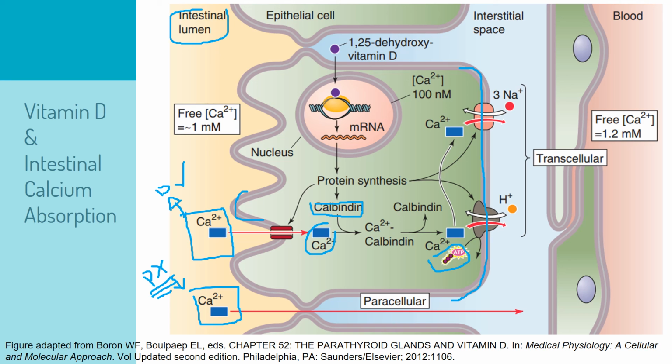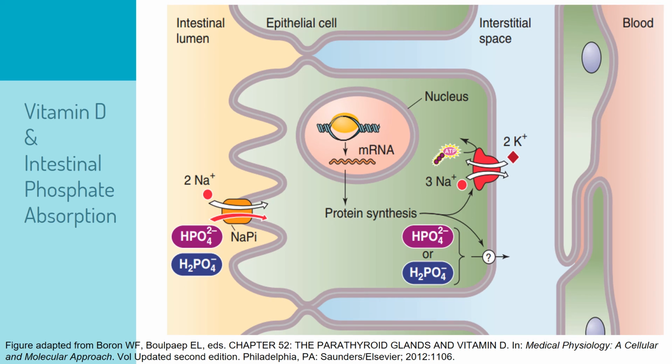So in this form of transport, the transcellular transport, those three steps are all controlled by the active form of vitamin D. Let's move to the effects of vitamin D on intestinal phosphate absorption. Apparently vitamin D increases the number of sodium-phosphate cotransporters, which are located on the apical membrane.